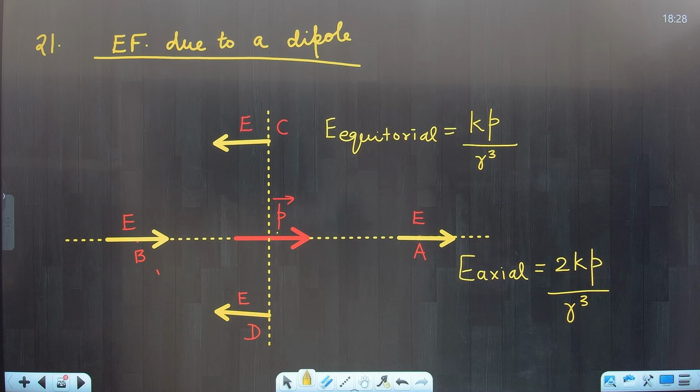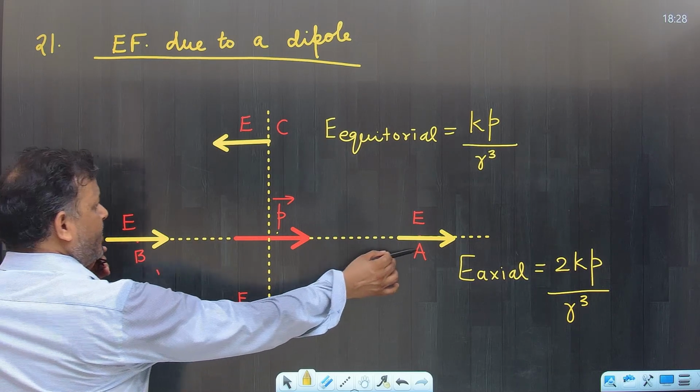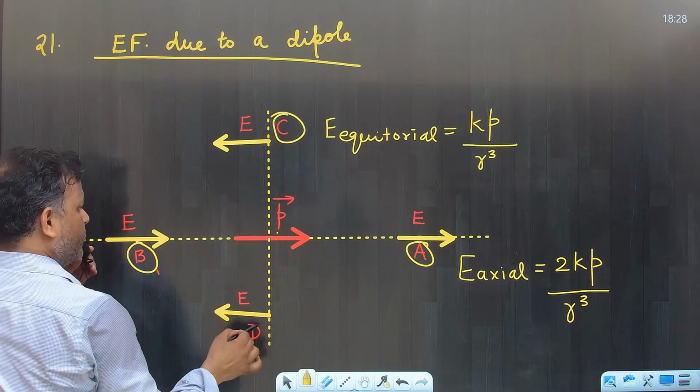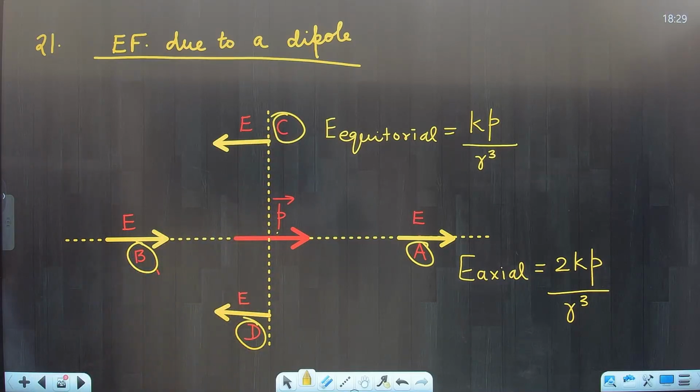So electric field due to a dipole, you can see here there is a dipole whose dipole moment vector is P, and there are 4 points A, B, C and D. You have to show the direction of electric field at these points.